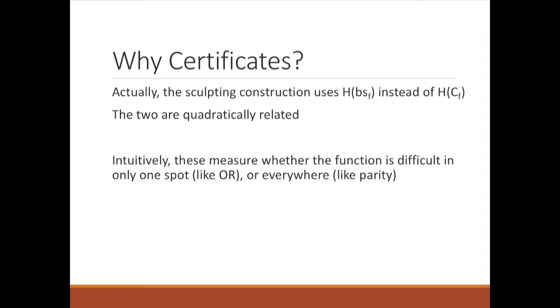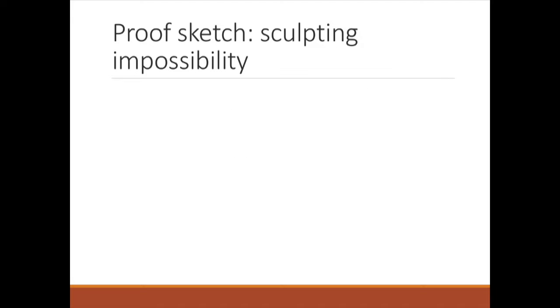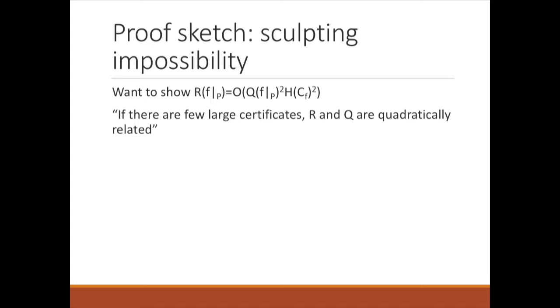OK, so let's quickly go through just one slide on a proof sketch for the impossibility direction. How do you show that, for example, OR cannot be sculpted? We want to show that randomized algorithms and quantum algorithms are polynomially related as long as you add in this H index term. Basically, we're saying if there are few large certificates, R and Q are quadratically related.